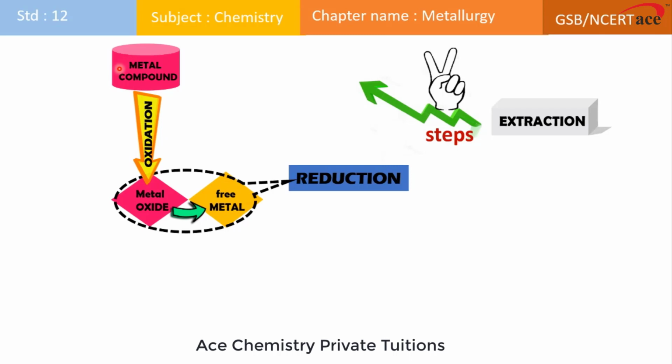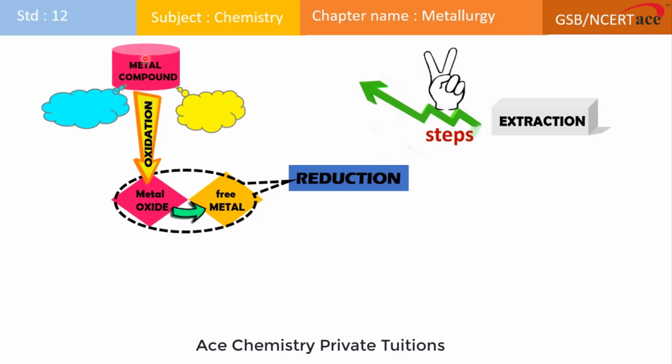In order to convert the metal compound into metal oxide, the metal compound is heated in the presence of atmospheric air. Here the atmospheric air acts as what? Oxidizing agent. This heating involves removal of volatile gangue, and it can be done by two methods.